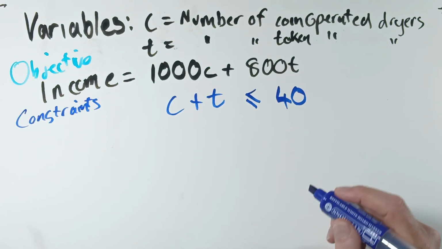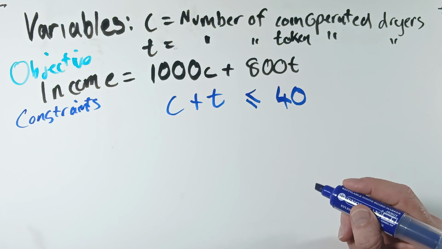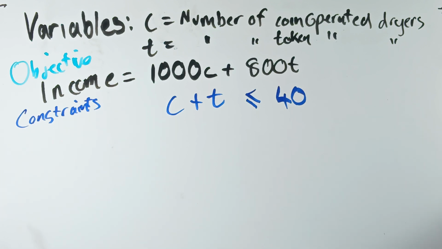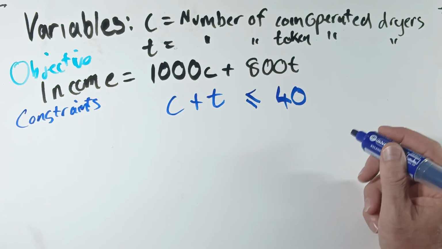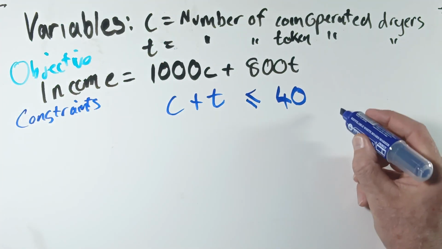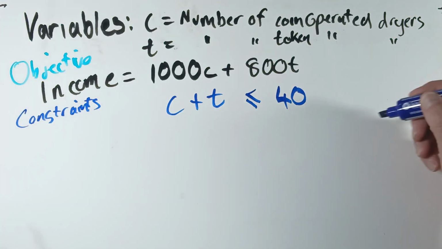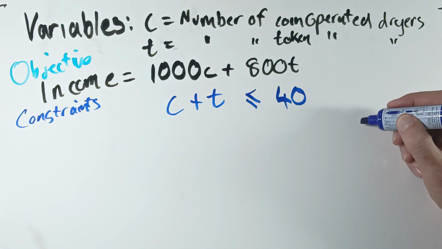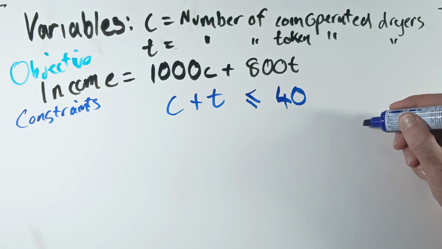The second constraint, it says the current demand means they must have at least twice as many token operated clothes dryers as coin operated. This one can be a little bit hard to get your head around, so I would do a little working before I write it out neatly here. There is a relationship between the number of the two, twice as many token operated.